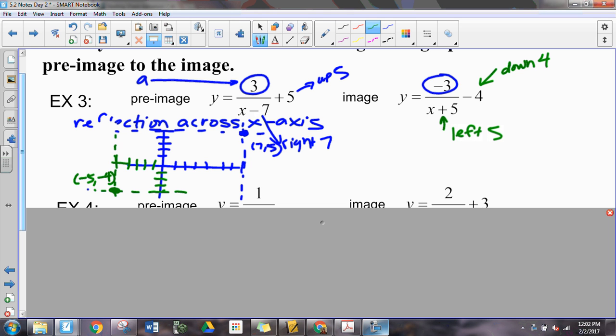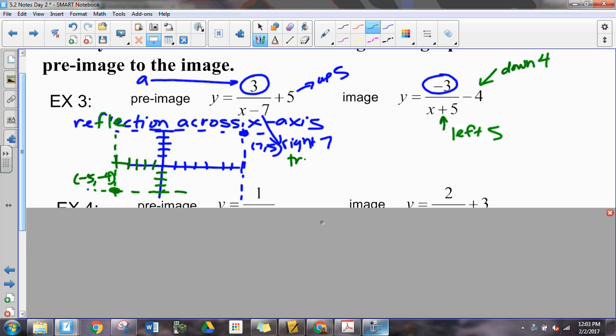So to finish up our translation from the pre-image to the image, so the pre-image is this blue one, we're going to go left 7, or sorry, left 12. So we go 7, and then we go 5 more, so that's 12.